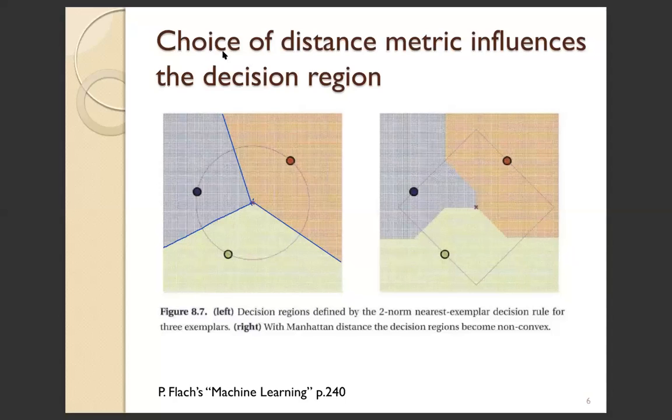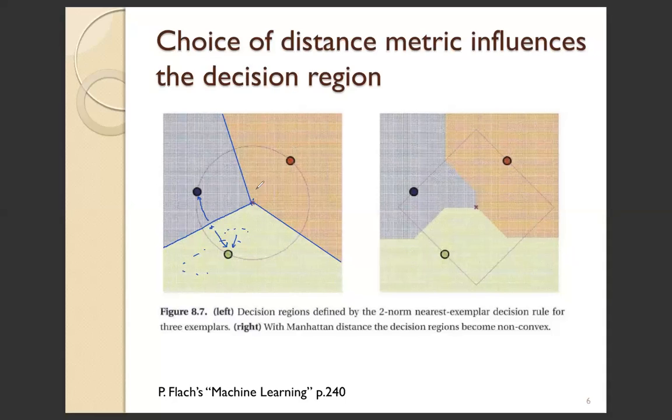If you have a point here, it is closer to this reference point, so all the points that are here are closer to this point than to the other points.